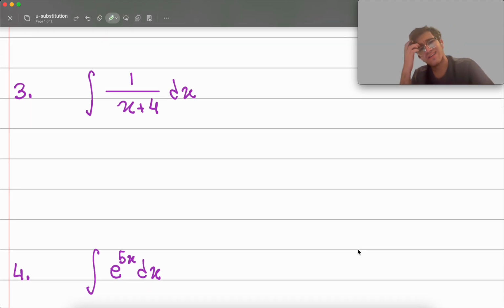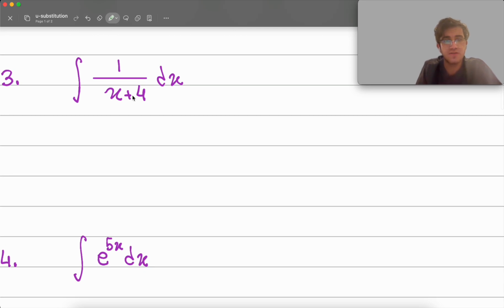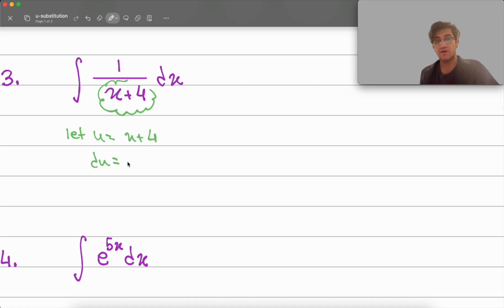Right here, the thing that really bothers me is this x plus 4. So I can say that let u be x plus 4 and du is going to be 1, so I can ignore it. du is equal to dx. And I can rewrite this as integral, and instead of 1 dx, I can write du over u.